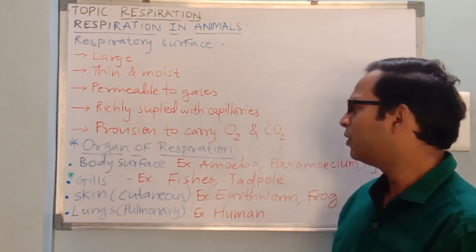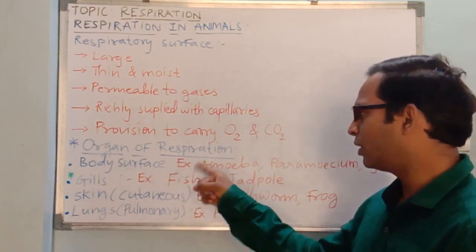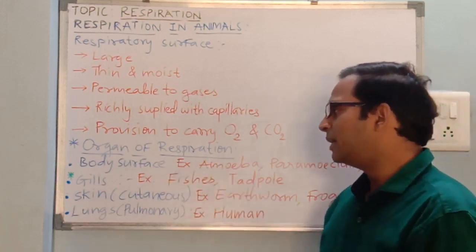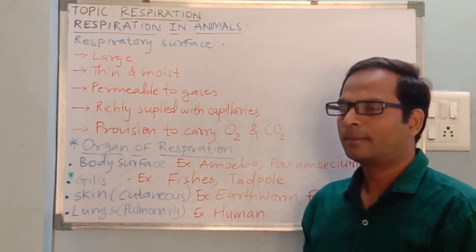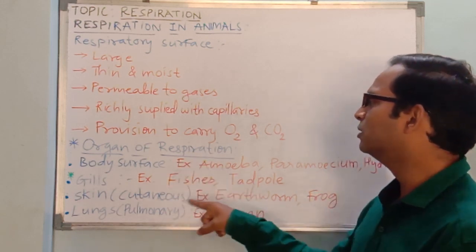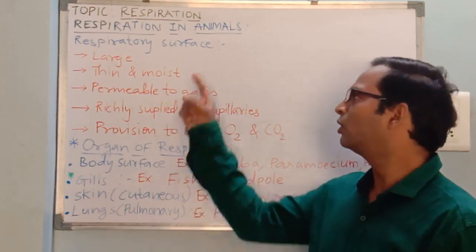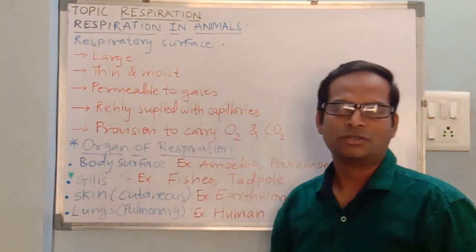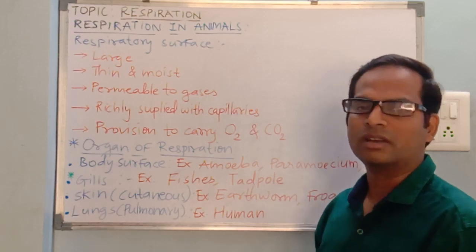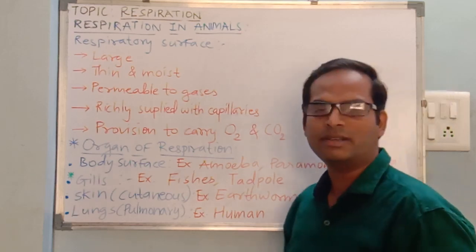Now, whatever the type of respiration is, or whatever the organ of respiration is, this organ should fulfill some conditions. So we can call it a respiratory surface. This respiratory organ has a surface, and that surface is called the respiratory surface.